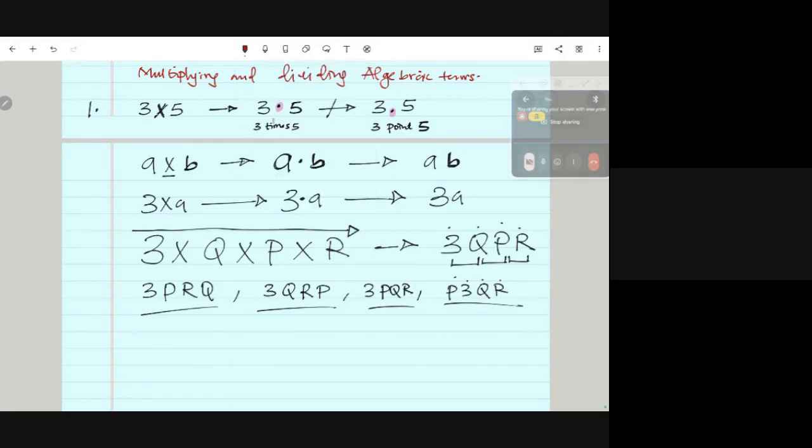We always write the numbers first, 3, then we follow a particular alphabetical order. So in the English letters, which of these three letters comes first? P. So it should be P. Which comes next? Q. Then after, R. So the correct answer should have been 3PQR.